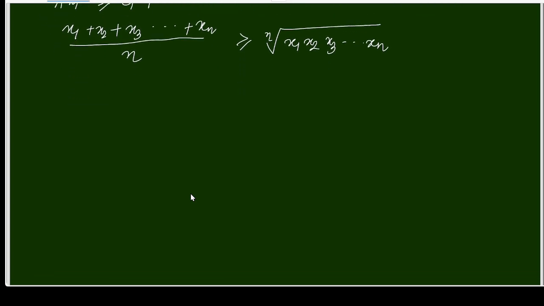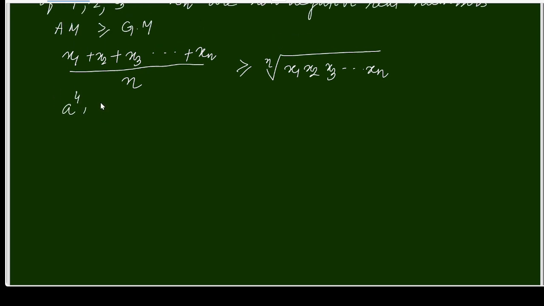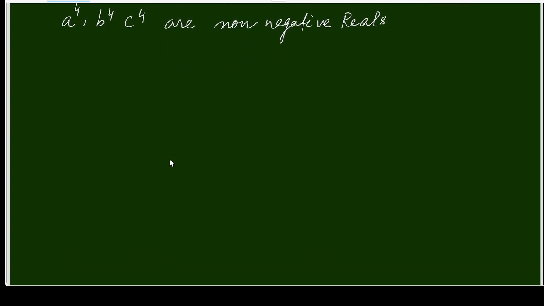Now I will take the numbers given here, only three numbers: a^4, b^4 and c^4. Since a, b, c are non-negative, a^4, b^4, c^4 are also non-negative. So I can apply this concept here. I'll apply a trick: I'll take four numbers at a time.